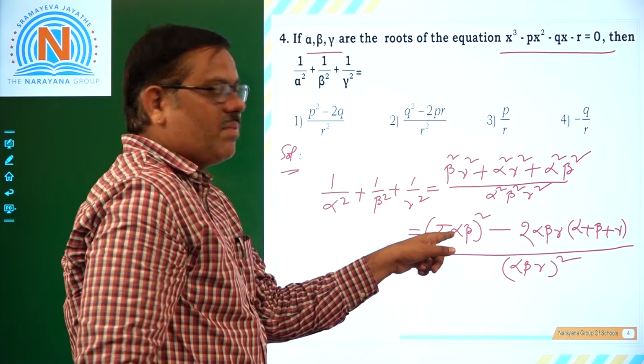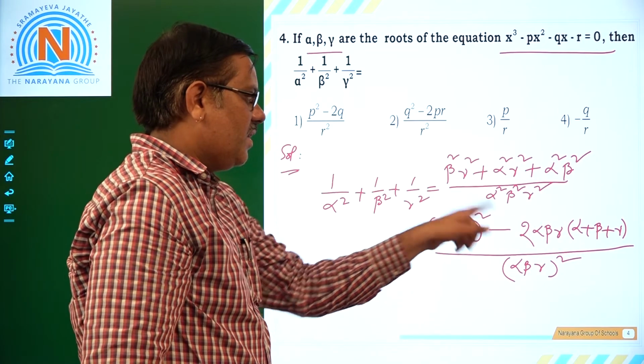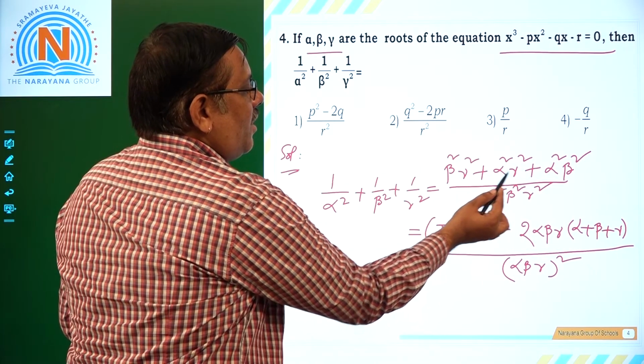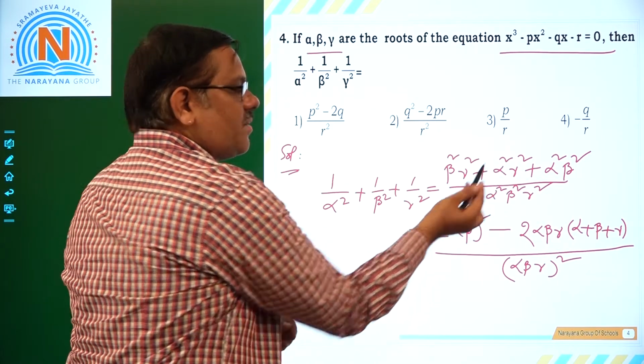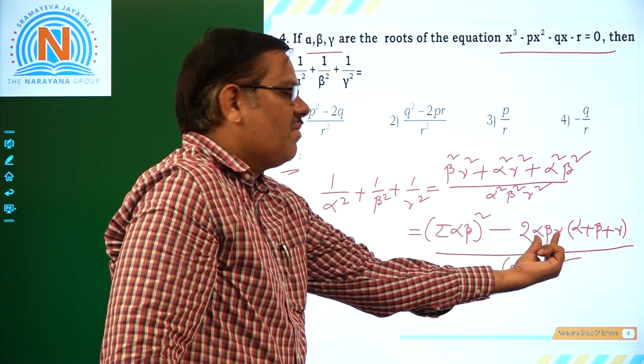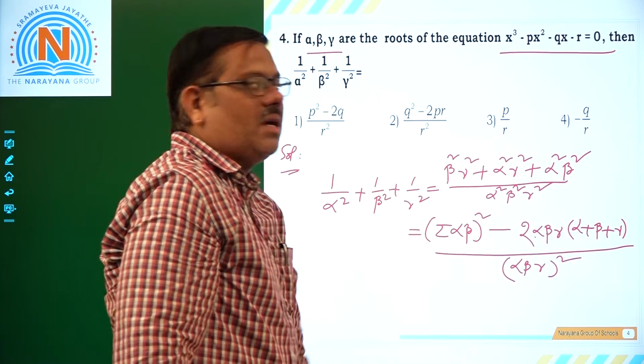So this is alpha beta plus beta gamma plus gamma alpha whole square minus 2 times beta gamma into alpha gamma, and so on. Simply, if you write it, you get alpha beta gamma times alpha plus beta plus gamma, all by alpha beta gamma whole square. Similarly, you will get the rest of the terms; if you take 2 alpha beta gamma common, we have alpha plus beta plus gamma.